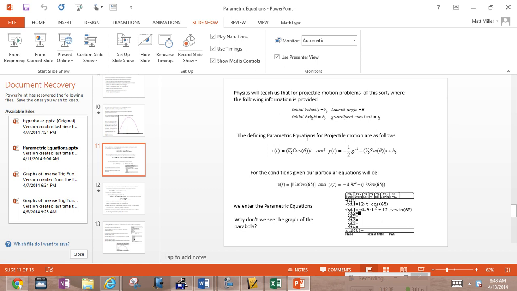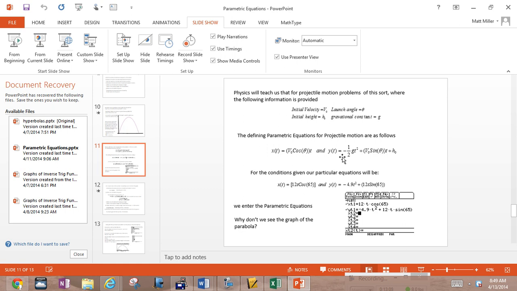Sometimes you work with one equation, sometimes you'll work with the x equation, sometimes with y, sometimes with both. Typically the one thing you're concerned about most is how long it is going to be in the air. That is answered most directly by going to the equation in y, setting that equal to 0, and finding the time.